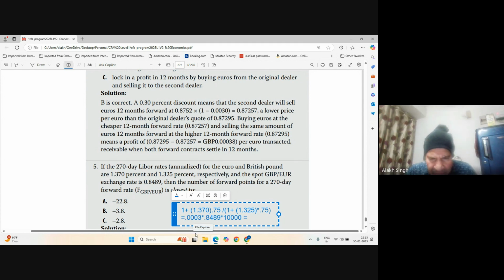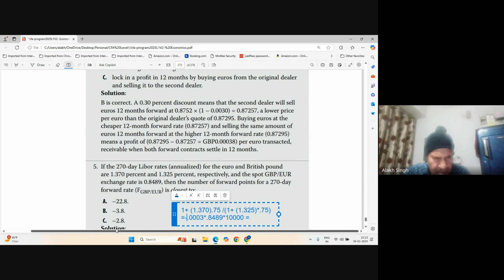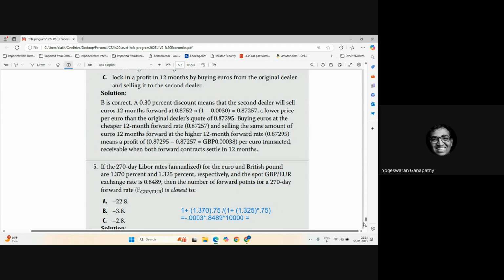And this one is minus actually, because 2.54, sir. 2.54, that's it. Then it's minus 2.8. Yes, C. Okay.